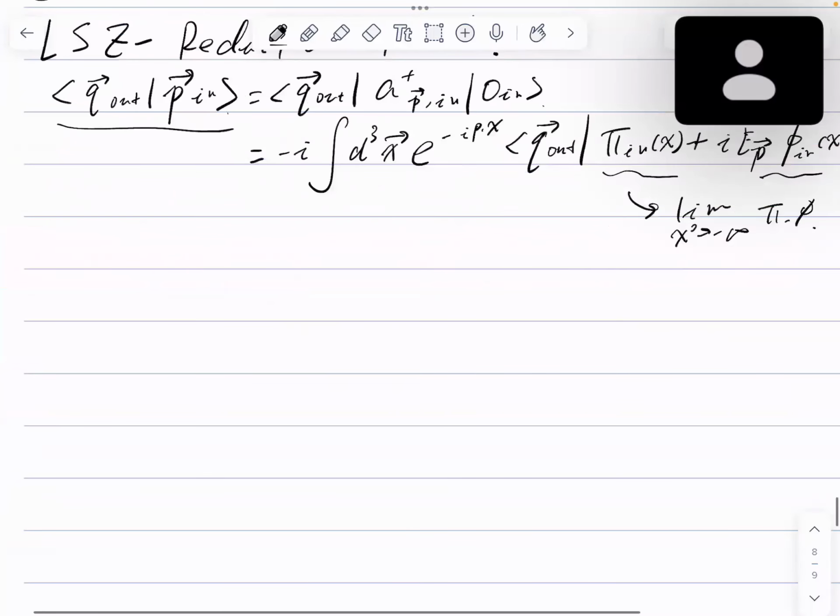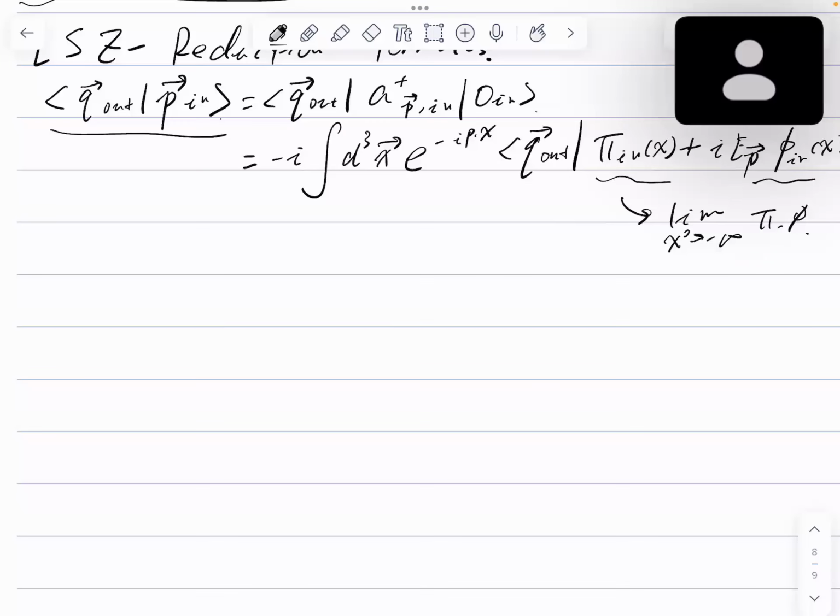Well, now we use a trick to perform such a limit.